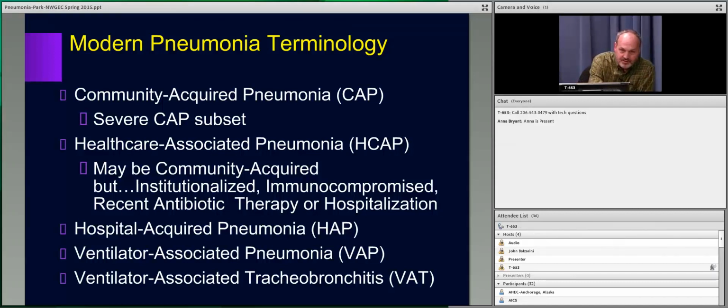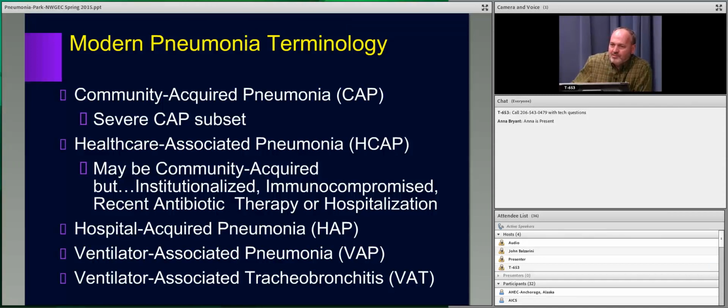One way to do that is to categorize pneumonia patients in ways that help understand why they are how they are. So I'm really trying to focus mainly on community-acquired pneumonia in this presentation. There is a severe community-acquired pneumonia subset that we'll talk about later on in terms of pathogens and treatment.